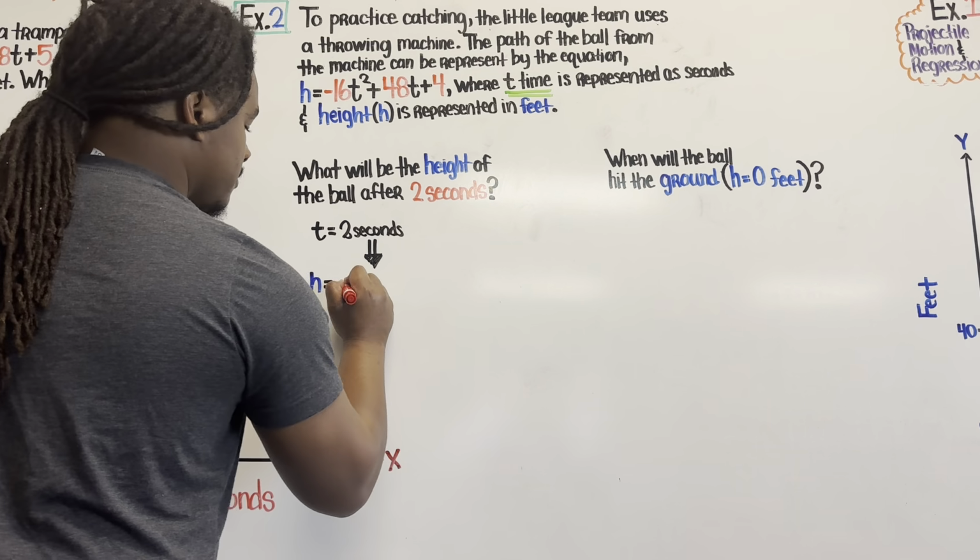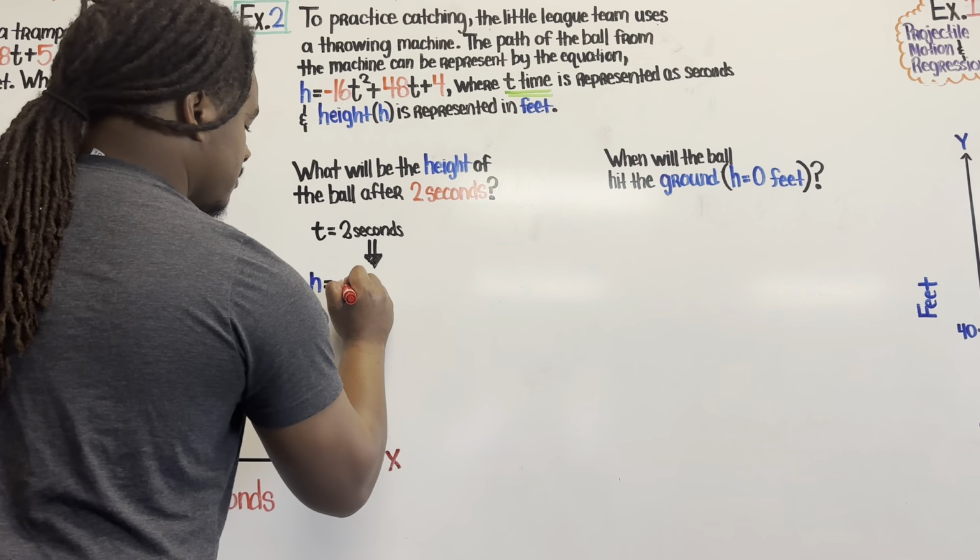So all we're going to do is calculate this equation at 2 seconds, and that's going to tell us the height at 2 seconds. So I have 2 squared, which is 4, so I'm going to have 4 times negative 16, which is negative 64.